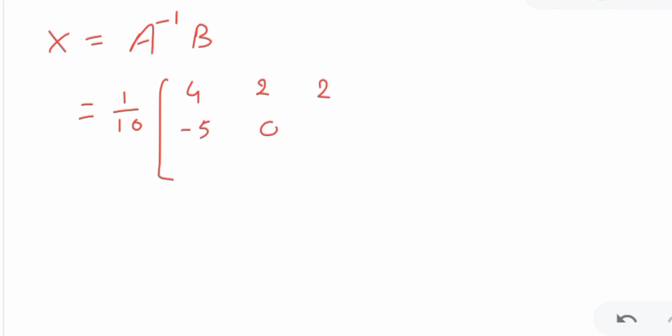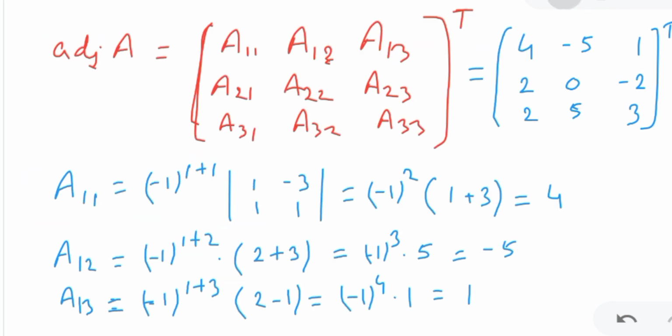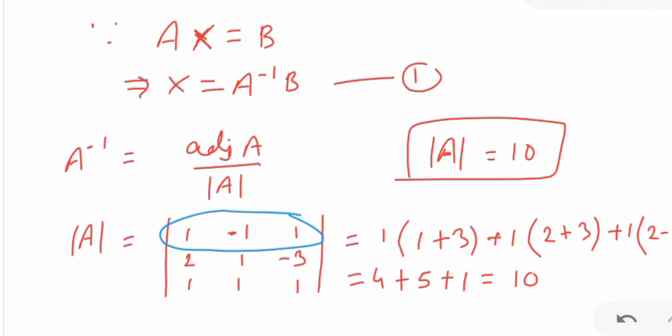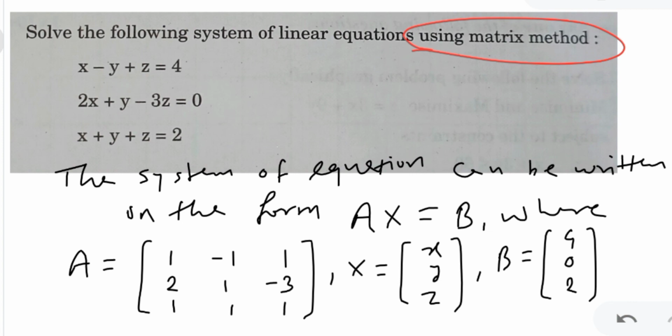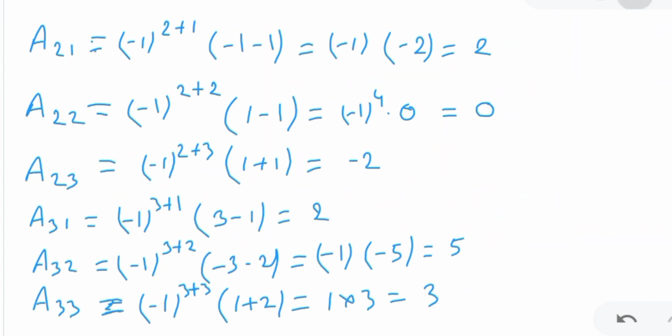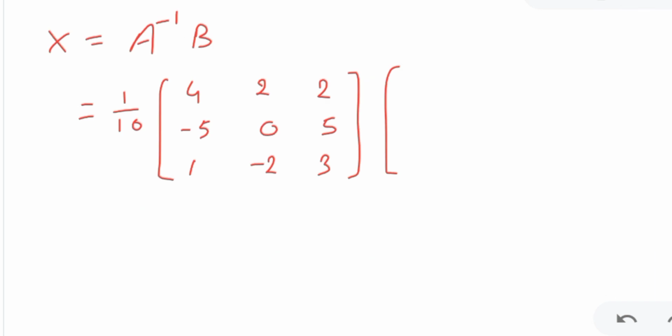So minus 5, 0, 5, then 1, minus 2, 3. This is looking lengthy because I am explaining also. When you do it by yourself, it is not lengthy. And B is nothing but 4, 0, 2. So now I will calculate.